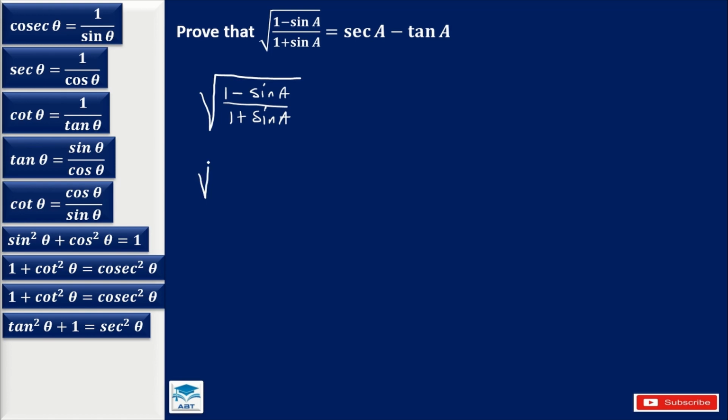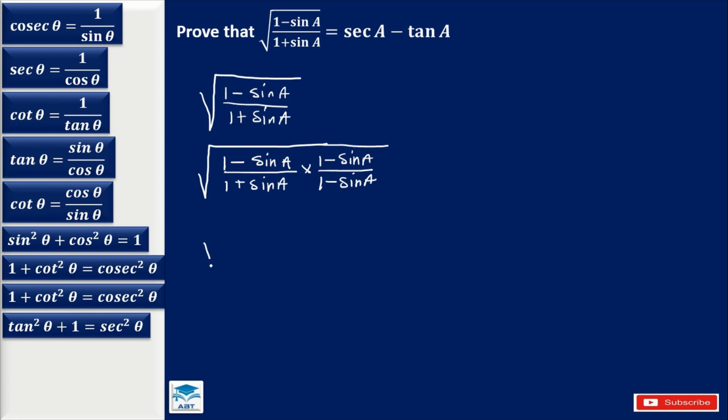So we have the square root of 1 minus sine A divided by 1 plus sine A times 1 minus sine A over 1 minus sine A. Because 1 minus sine A divided by 1 minus sine A is 1. 1 times this will give us this back.